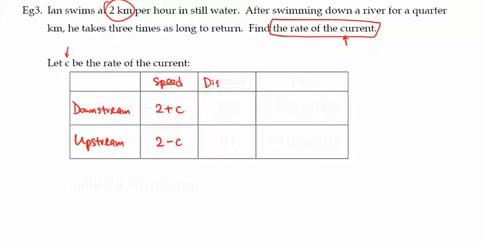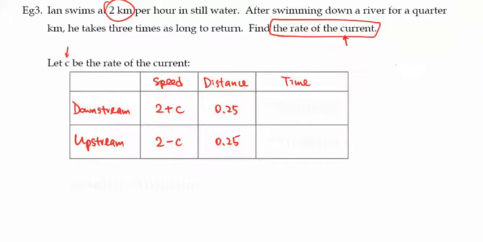They gave us the distance already. It is a quarter km or 0.25. You may want to use 1/4 instead. Once we have speed and distance, what is the third thing that we need to use? Time.